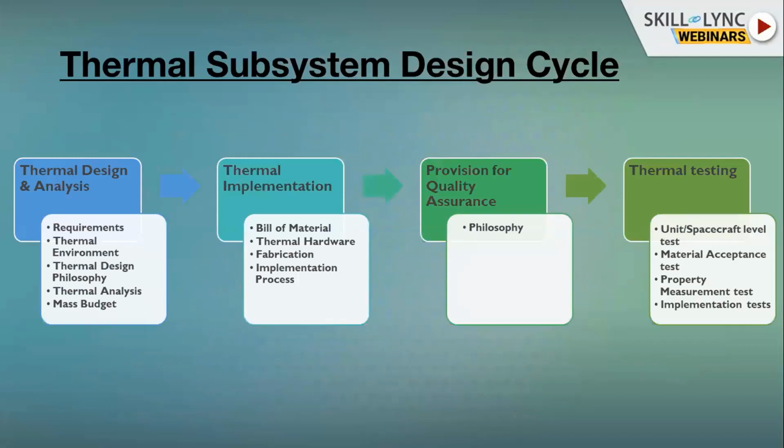Now, before moving to what the control elements are, we'll see how a thermal subsystem design cycle works. First we have thermal design and analysis. Design proceeds based on certain requirements. There are mission level requirements, system level requirements, and then come the subsystem level requirements.